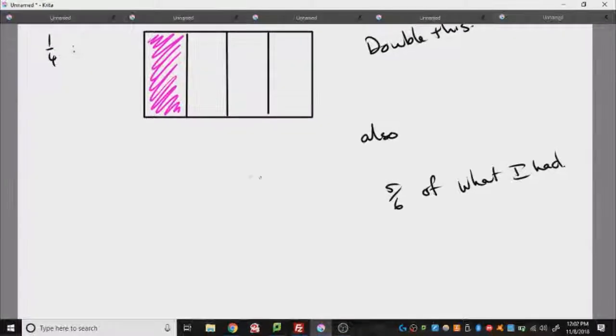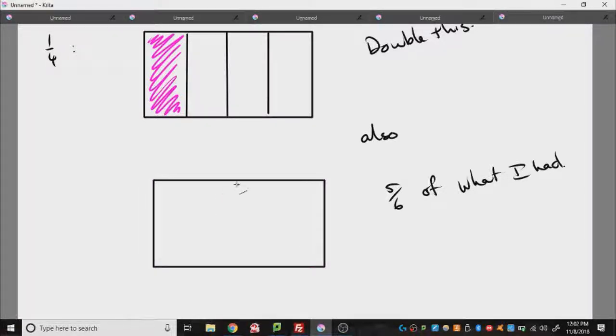So I'll do a second drawing for that. Pretty much the same thing in the beginning. What to do? Pink time.